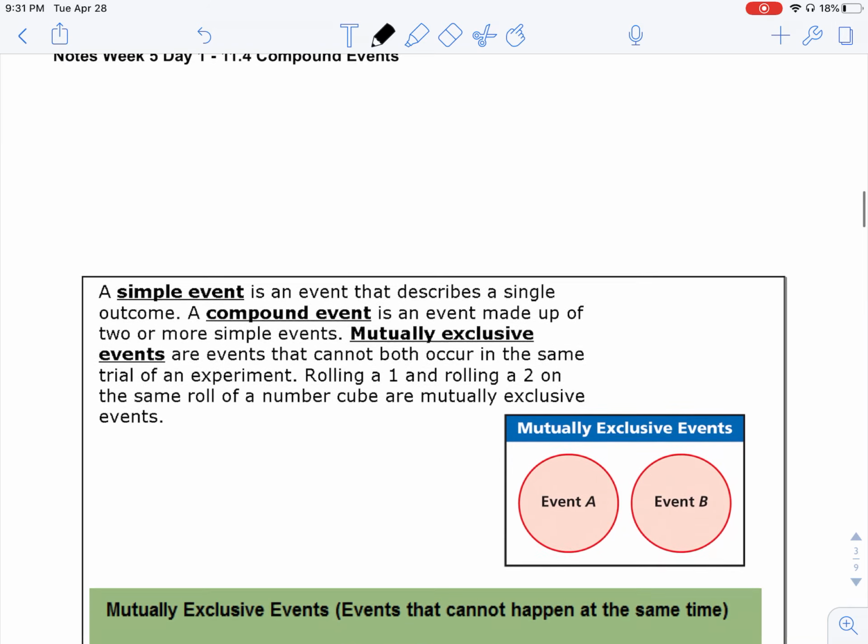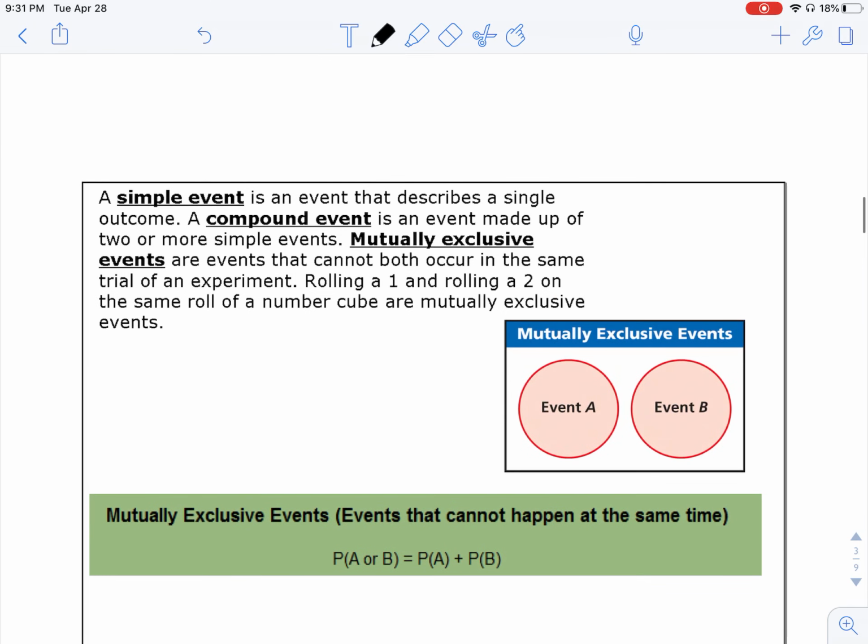So let's talk about a mutually exclusive event. A simple event is an event that describes a single outcome, and a compound event is an event made up of 2 or more simple events. Sounds a little confusing. So let's look at some examples, I guess. Mutually exclusive events are events that cannot both occur in the same trial of an experiment.